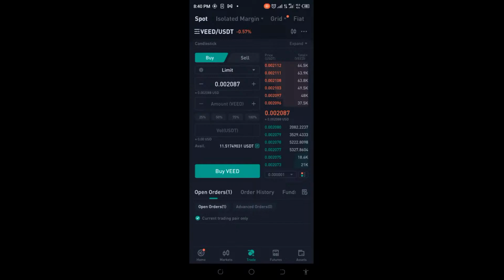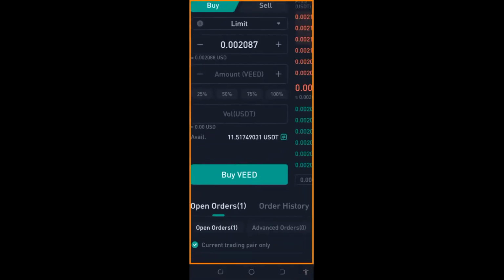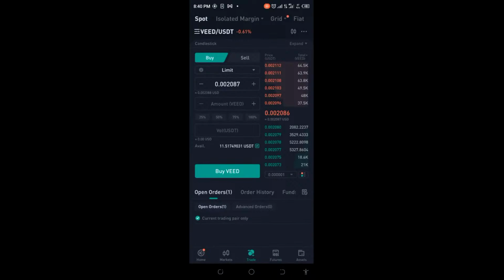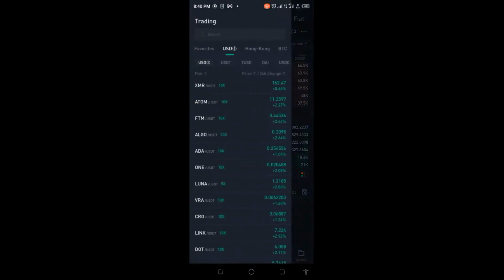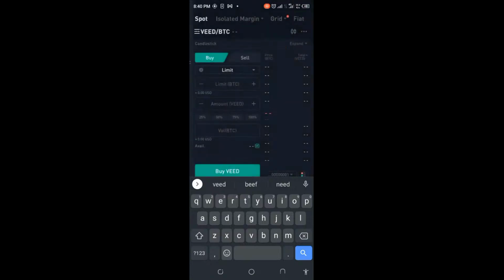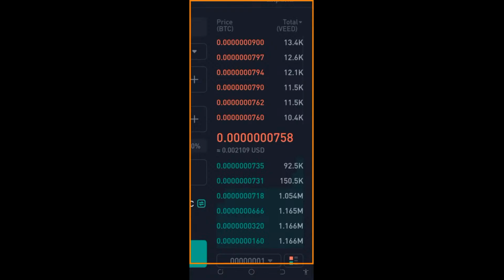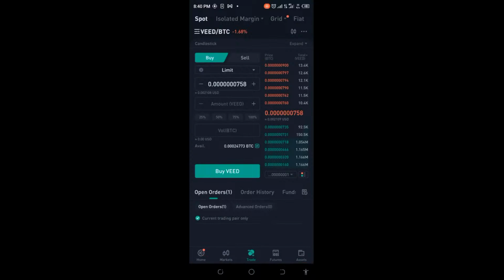Now, the truth of the matter is we started out this trade with 11.47. What took time was that we were waiting in VID BTC, and it was taking forever. We bought it at 0.0000768, and we placed our sell limit at that price, 768.